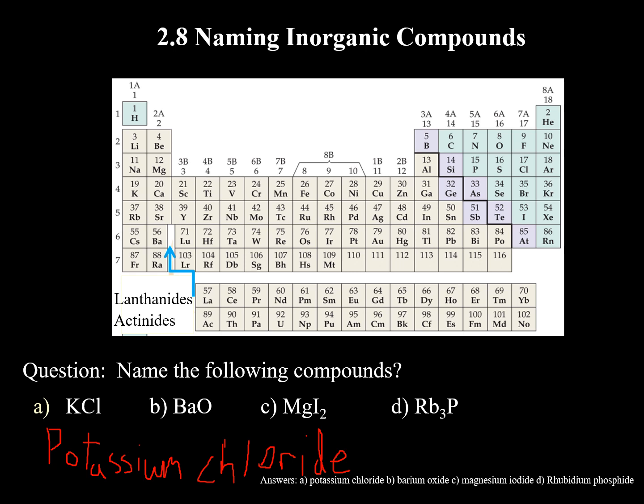Anyways, potassium chloride. So definitely on your exams, you're going to have to either name a compound or write the chemical formula based on its name. And a lot of times I tell my students, if you want to check your answer, you should always go backwards. So for instance, if I ask the class, what is 1 plus 2?